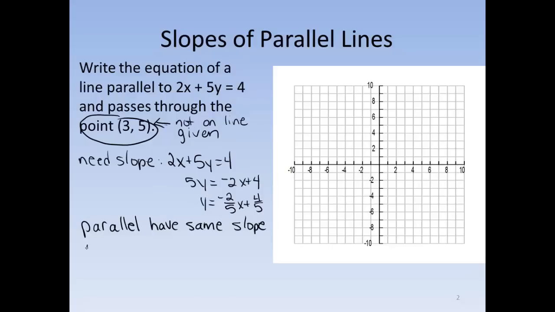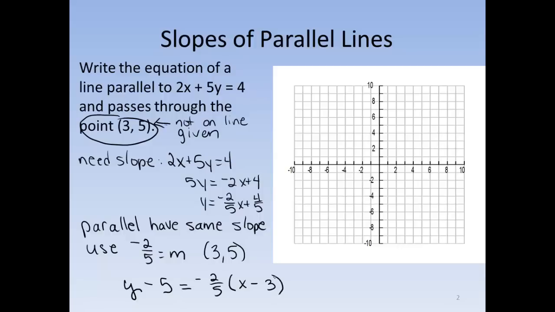So the slope I'm going to use is the same one as the one we just found. Use negative 2/5 as my slope. I'm going to use the point 3,5. Going in point slope form, you get y minus the y coordinate is the slope quantity x minus the x coordinate.